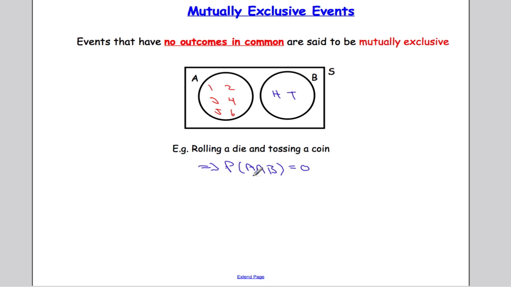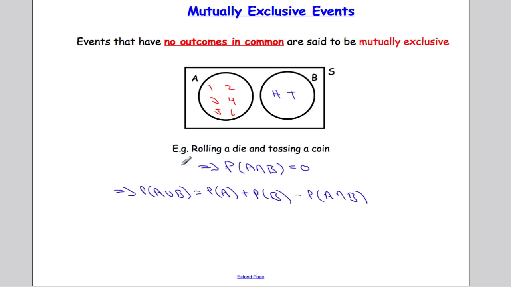So if we think about this feature and then apply it to the addition rule, if we remember the addition rule, which was that the probability of A union B equals the probability of A plus the probability of B minus the probability of A intersection B.